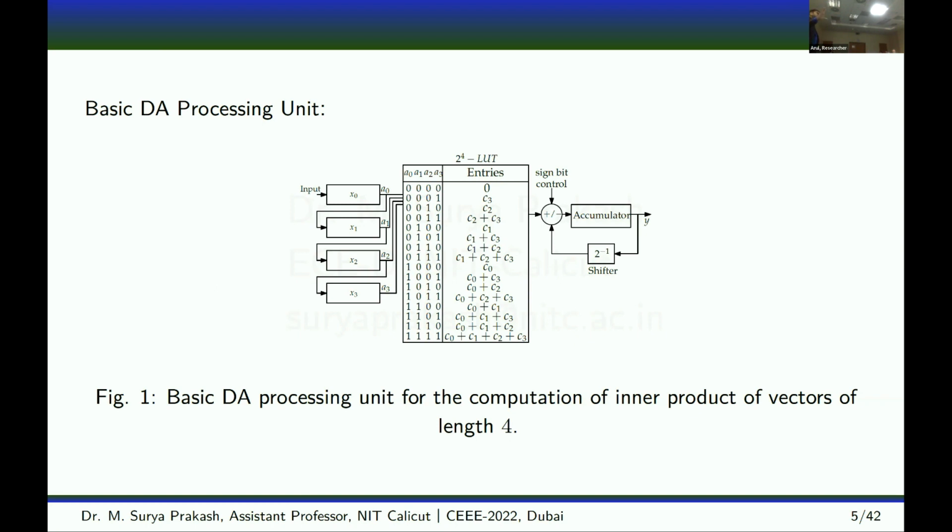So clearly you can see this basic DA processing unit completely avoids the usage of a hardware multiplier. It only takes a lookup table, which is a memory, and then we have only shift and add operations. In order to store the binary bits of x's, we have registers available. This completely eliminates the usage of a hardware multiplier, and that's the reason researchers tend to choose this architecture when they are going for hardware implementation.